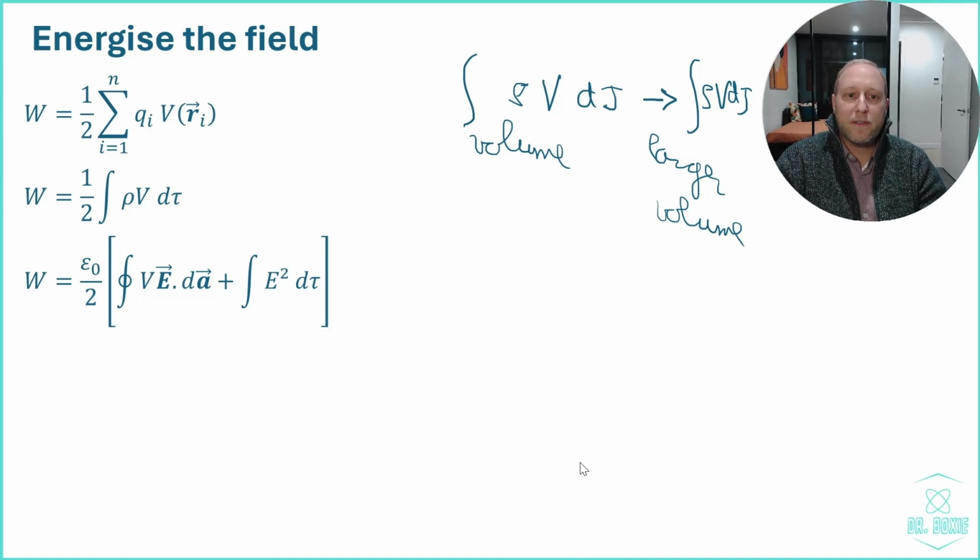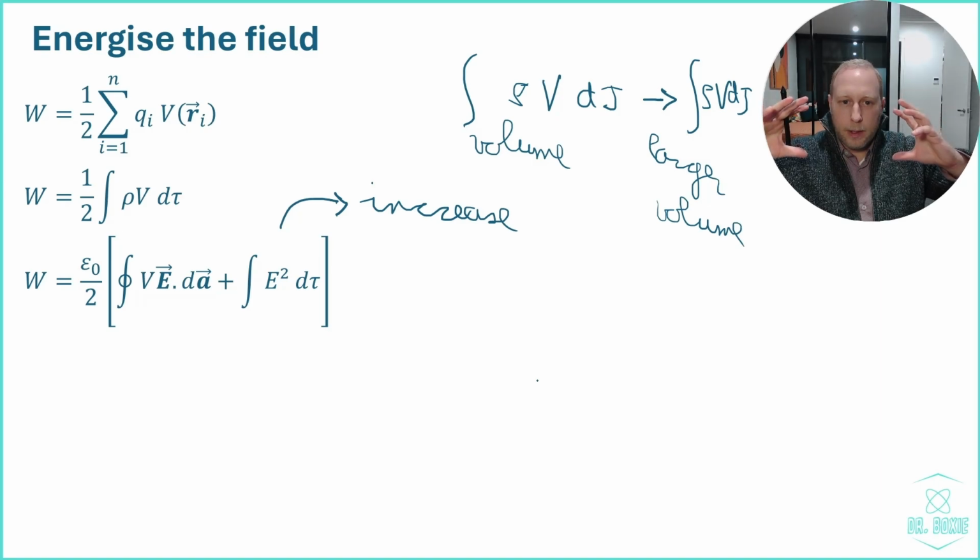In other words, it shouldn't affect the expression for W. But E squared is a non-negative expression, which means that it can only increase as we increase the volume. And to compensate for this increase, the first term, the closed surface integral, has to decrease.